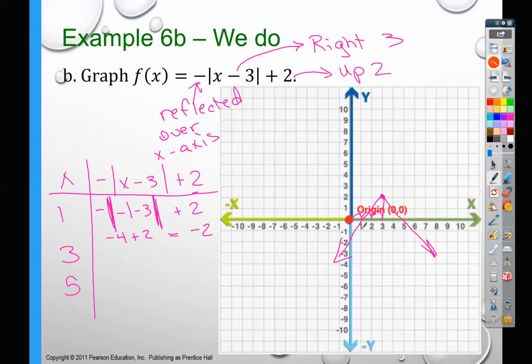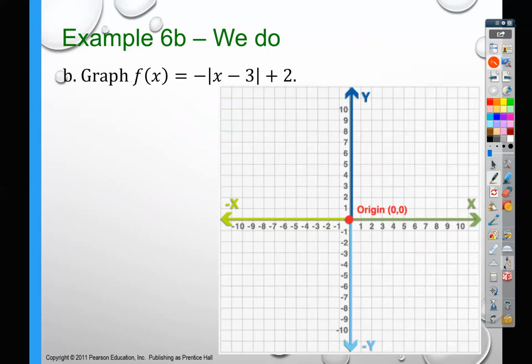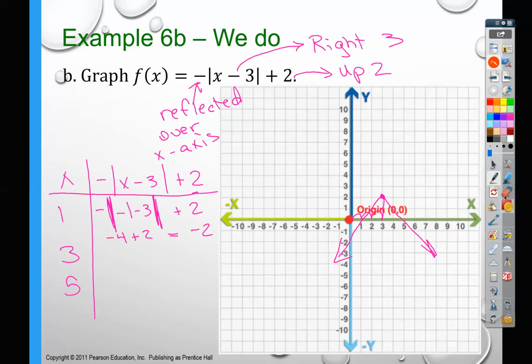So 1, hang on, let's see. I didn't want to do that. All right, so I'm erasing this. Okay, so you've got, let's plug the 1 in, not a negative 1, a positive 1.